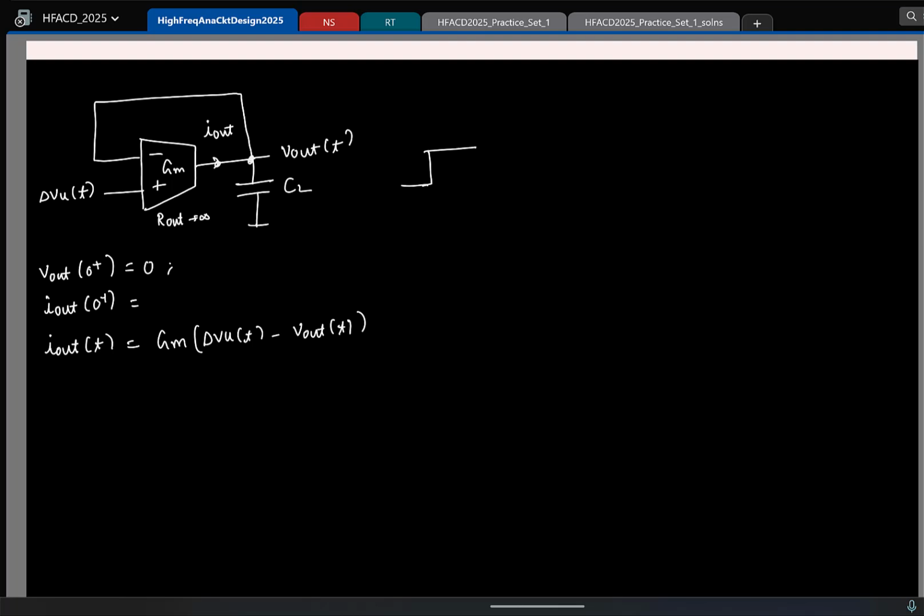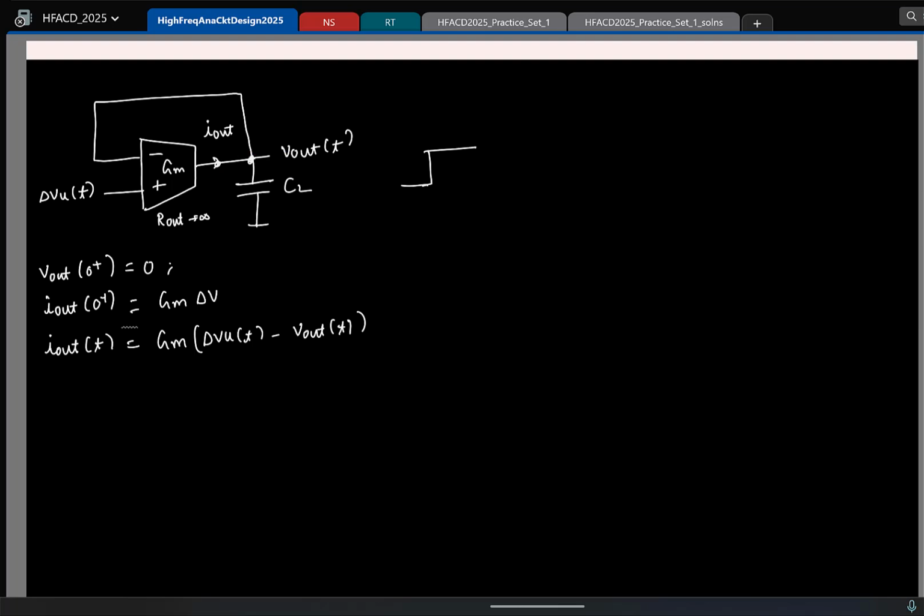GM times delta V. Fine. That's it. So is this clear? I've just used simple contradictory arguments to show that the voltage here cannot change instantaneously.